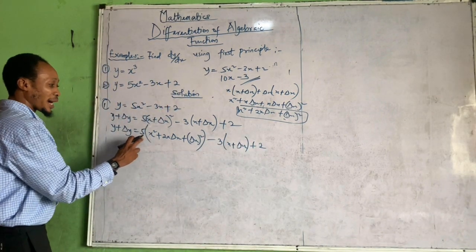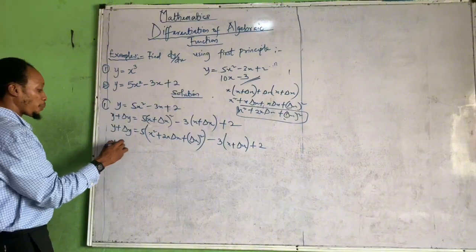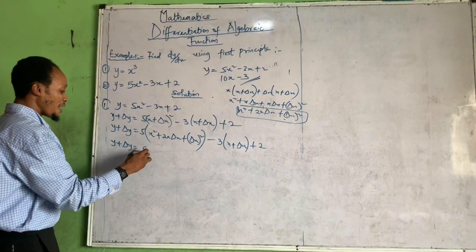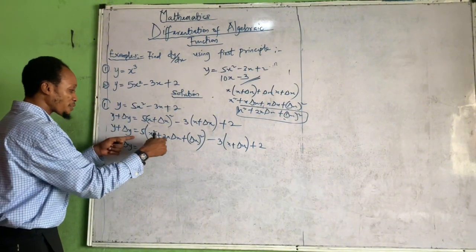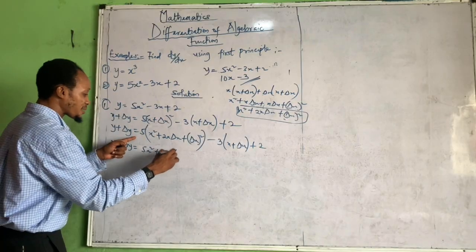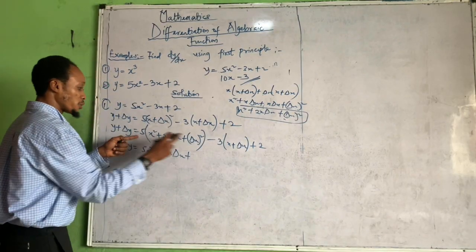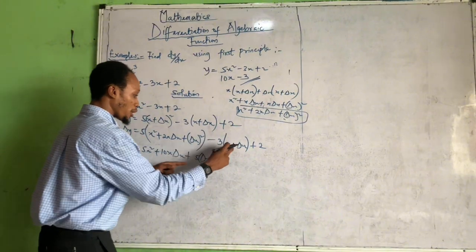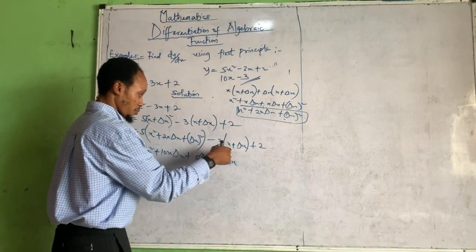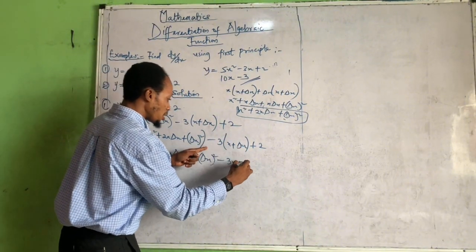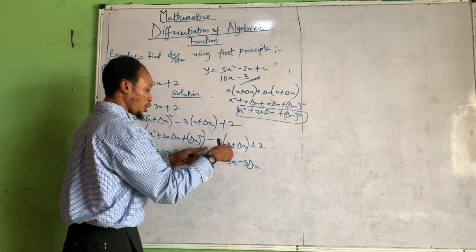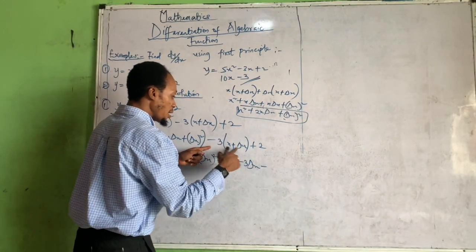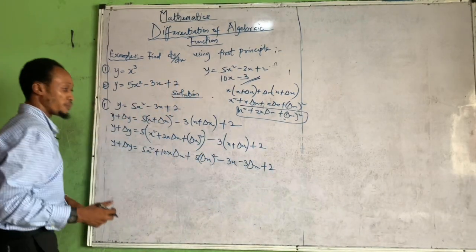Now with this I can open up this bracket. So I have y plus delta y equals 5x squared. Then 5 times 2x, that will be what? 10x delta x plus 5 delta x squared minus 3x, then minus 3 delta x, because this minus 3 is opening this. Then you bring out your plus 2.